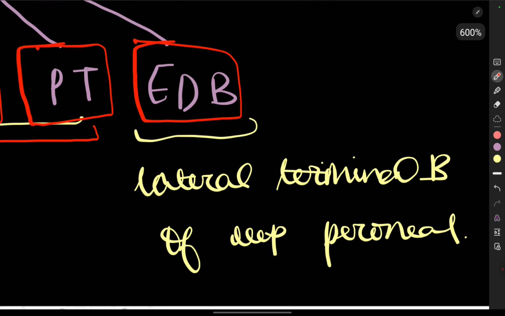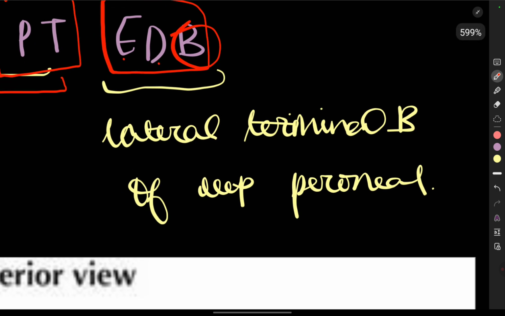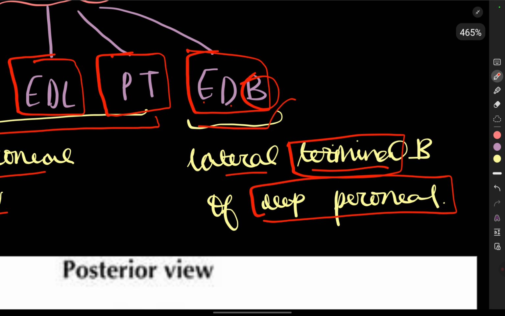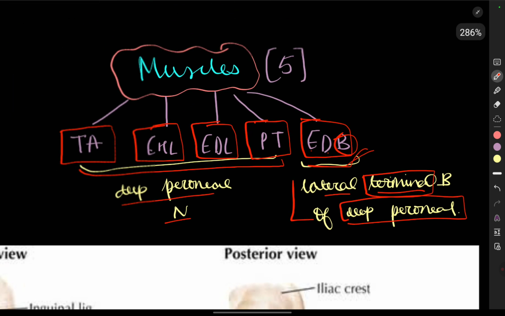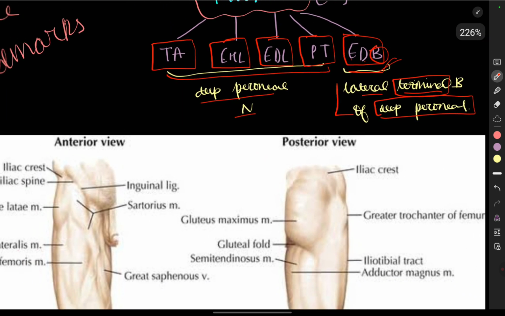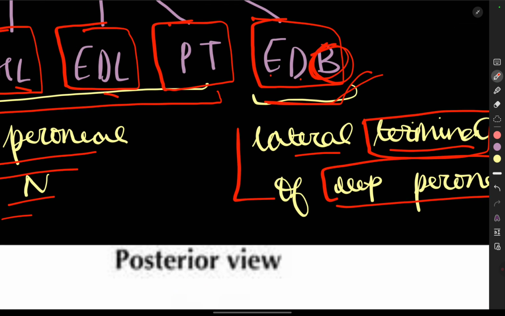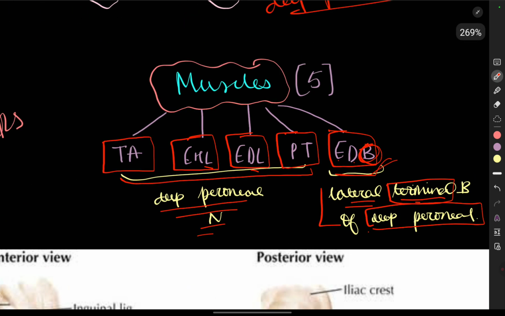The EDB, the extensor digitorum brevis, the smaller one, is supplied by the lateral terminal branch of the deep peroneal nerve. So both the longus muscles are supplied by the deep peroneal nerve, and the brevis is supplied by the lateral terminal branch of the deep peroneal.